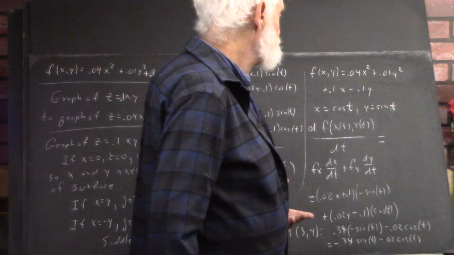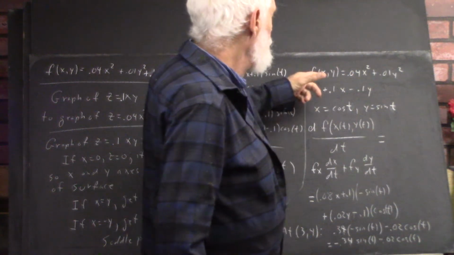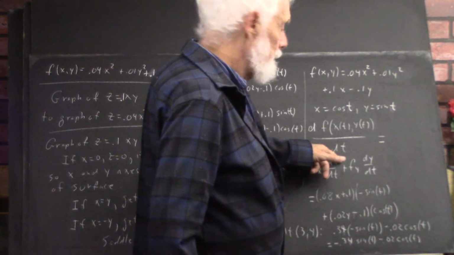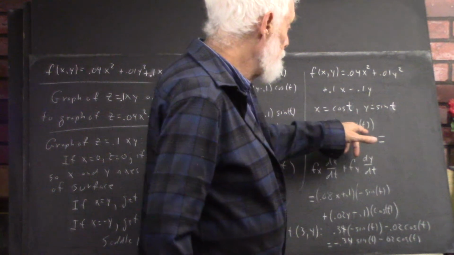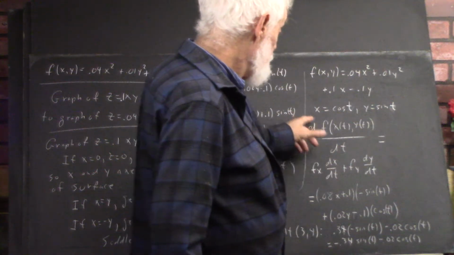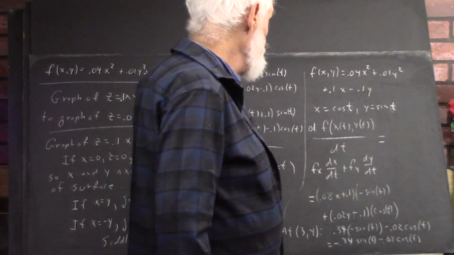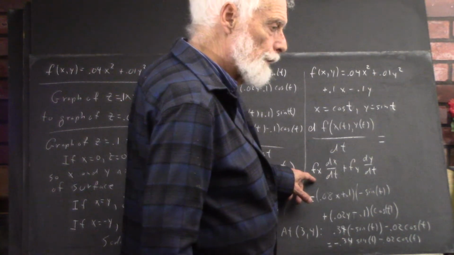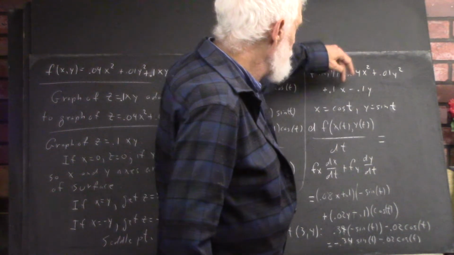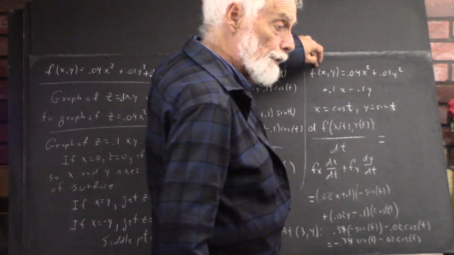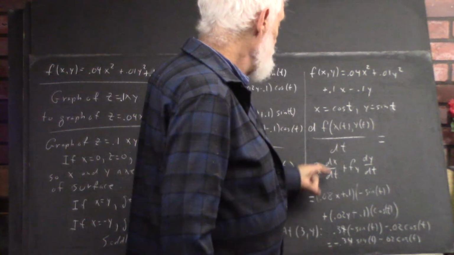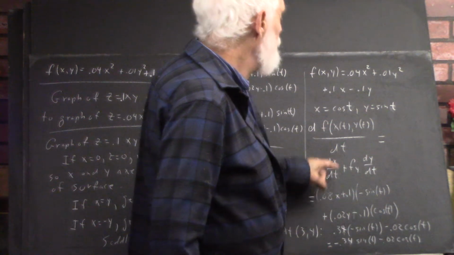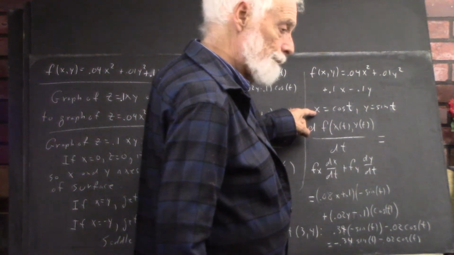So, if we want to know how the function f changes with respect to t, the function f of x of t, y of t now, the derivative of that function with respect to t is going to be fx, which is the rate at which a change in x changes the function f, multiplied by dx dt, which is the rate at which a change in t changes the value of x.